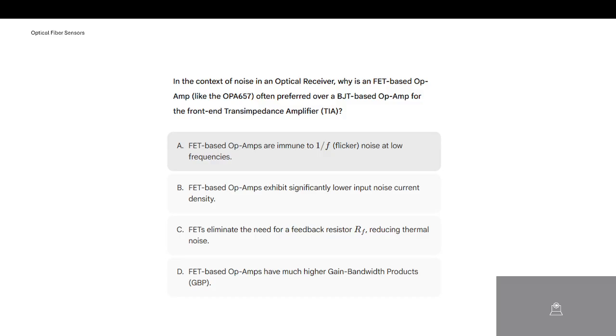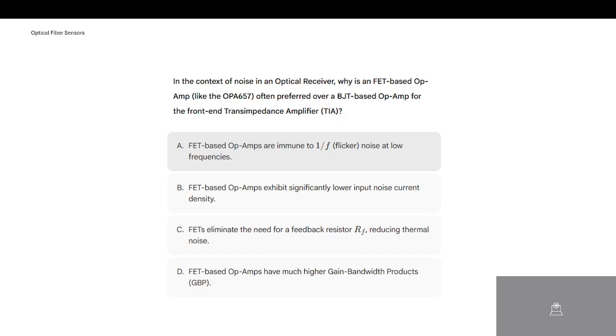A, FET based op amps are immune to 1 by f flicker noise at low frequencies. B, FET based op amps exhibit significantly lower input noise current density. C, FETs eliminate the need for the feedback resistor RF, reducing thermal noise. D, FET based op amps have much higher gain bandwidth products.